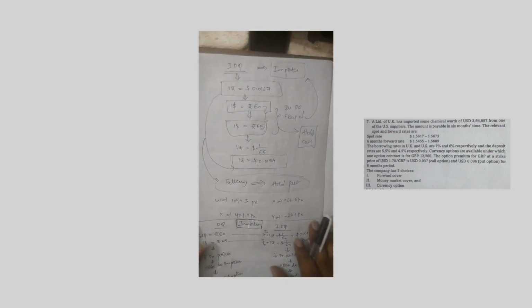This is the logical point, or tricky point, whatever we call it. This is the summarized version of understanding a question that contains indirect quotations for currency options. We can convert direct quotations into indirect quotations and accordingly choose an option.